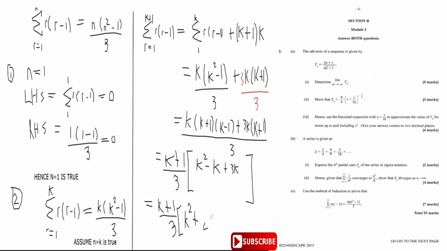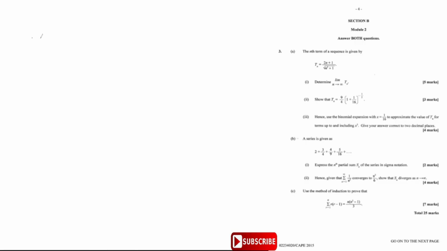That's what I have in this bracket. But k squared plus 2k, I can always rewrite, and this is where the magic comes in. So now you have k plus 1 over 3 times, instead of k squared plus 2k, I'm going to write k squared plus 2k plus 1.